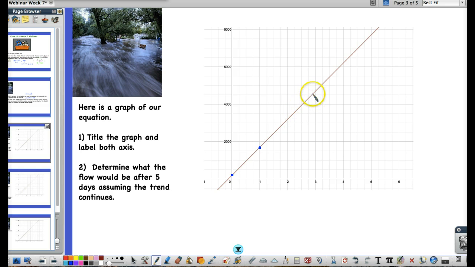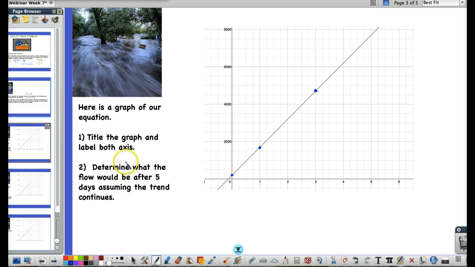And we said it was at 4,800 after day 3, so that was this point right here. If the river continued to rise at a constant rate, that's the key, we're assuming constant rate, then we can figure out what it would be after 5 days, because we can just look on our graph and see how high it would be after 5 days.